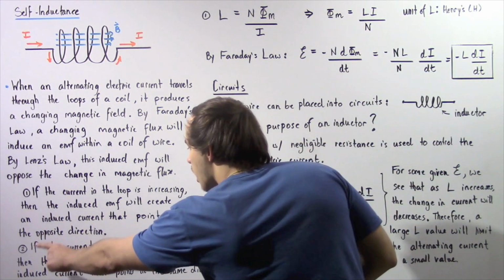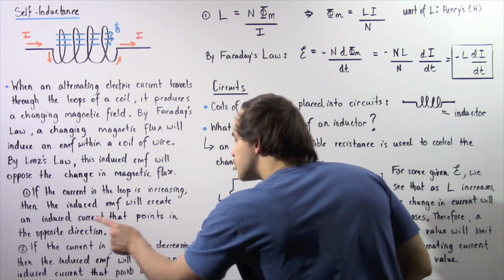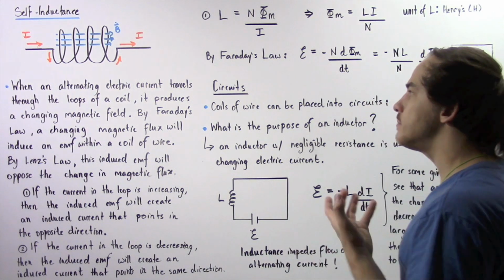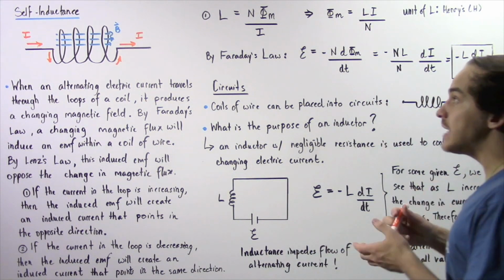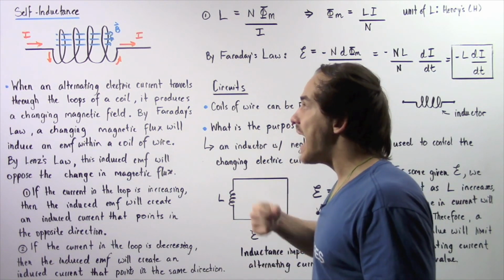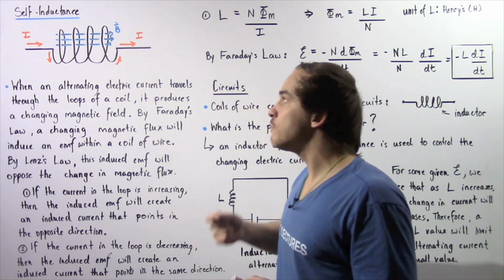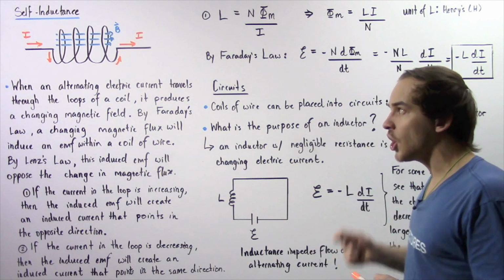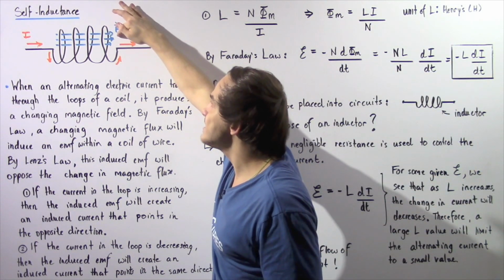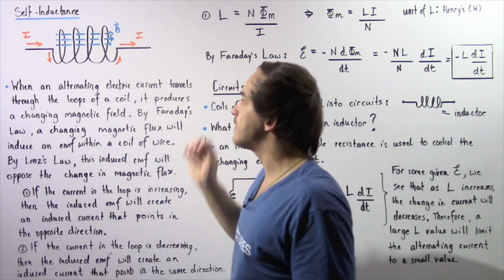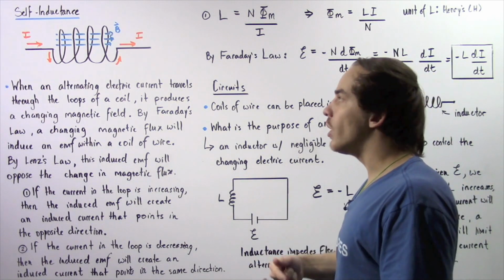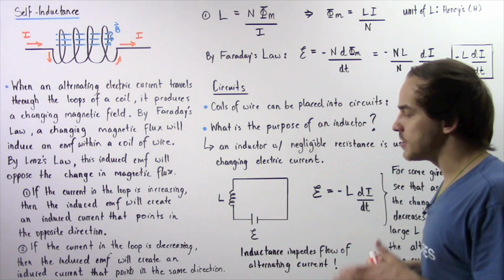Now, on the other hand, if the electric current moving in the loop of wire is decreasing at some given moment in time, that basically means our magnetic flux will decrease, and so our induced EMF will create an induced electric current that will create a magnetic field that will point in the same direction as this magnetic field, and that implies that the two electric currents will point in the same exact direction.